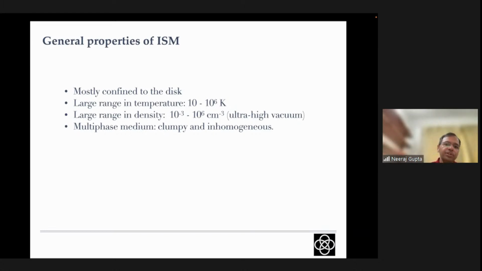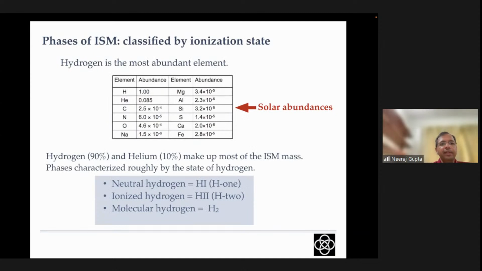And then we have this lot of gas, a multi-phase ISM, which is also confined to the disk of the galaxy. It is clumpy. It is inhomogeneous. There's a lot of empty space between stars, but it's not really empty. It is filled with all this gas and dust and also magnetic fields and radiation field in between them.